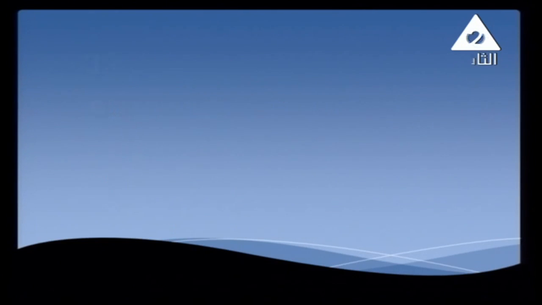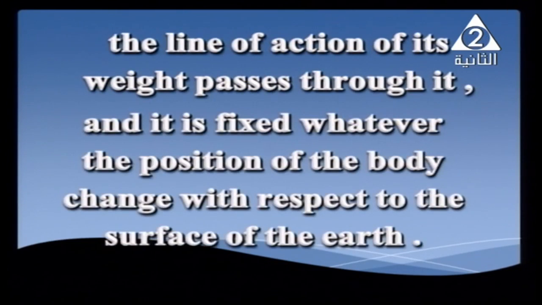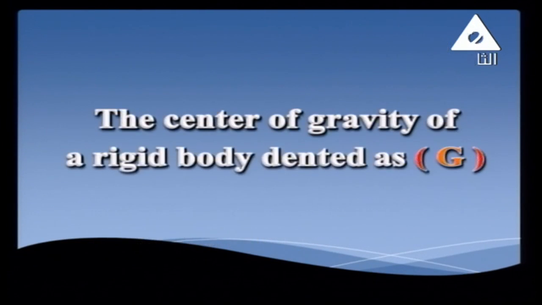The line of action of each weight passes through it, and it is fixed whatever the position of the body changes with respect to the surface of the earth. The center of gravity of a raised body is denoted by G.